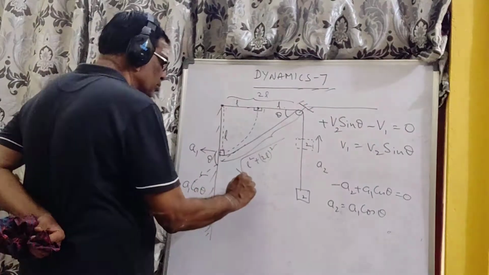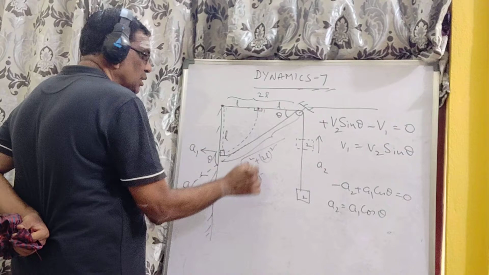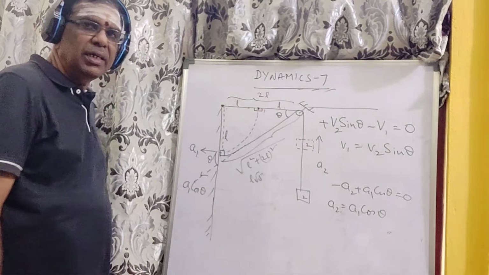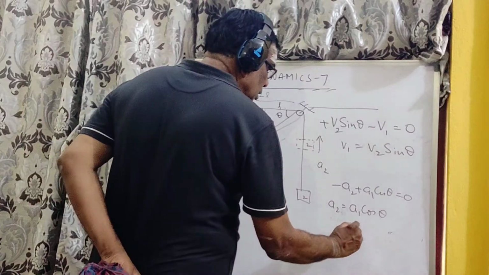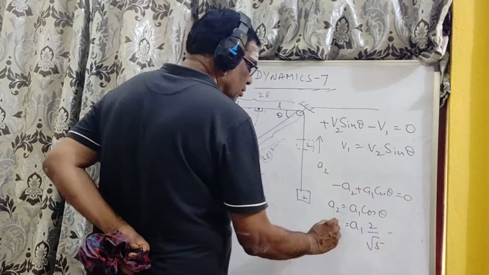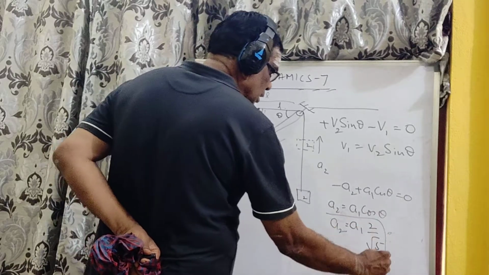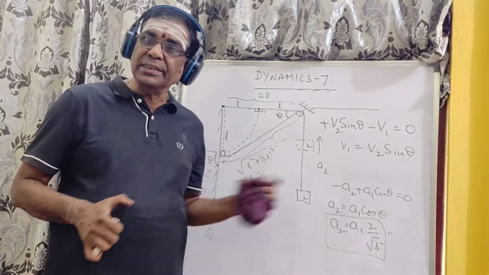What are you getting? So cos theta is 2L by L root 5, or cos theta is 2 by root 5. So this is the relation between A1 and A2 in this case.